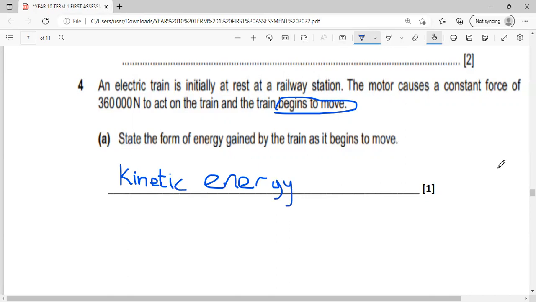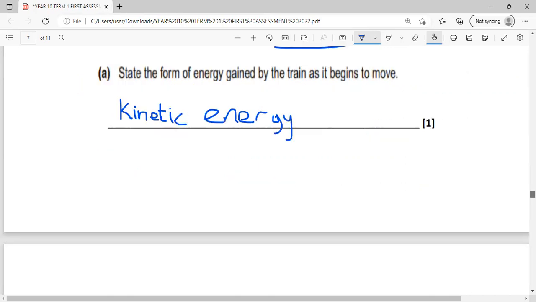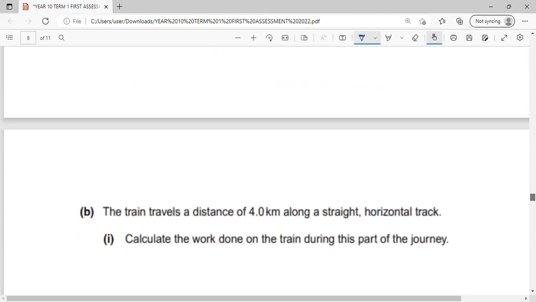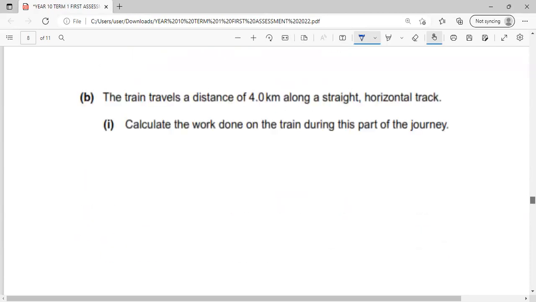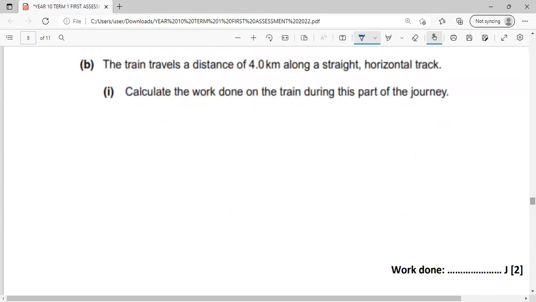So let's proceed. The train travels a distance of 4 kilometers along a straight horizontal track. Calculate the work done on the train during this part of the journey. What's the formula you use to calculate the work done? Work done is equal to force multiplied by the distance moved by the force.